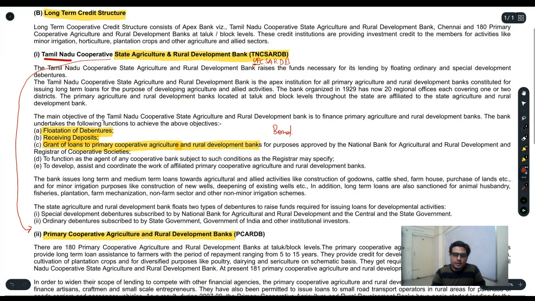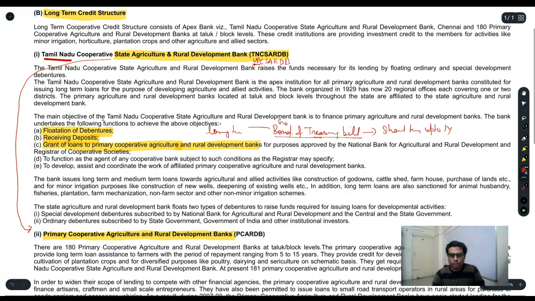So bond and treasury bills. So it is short term, up to 1 year, whereas it is long term. Issued by whom?